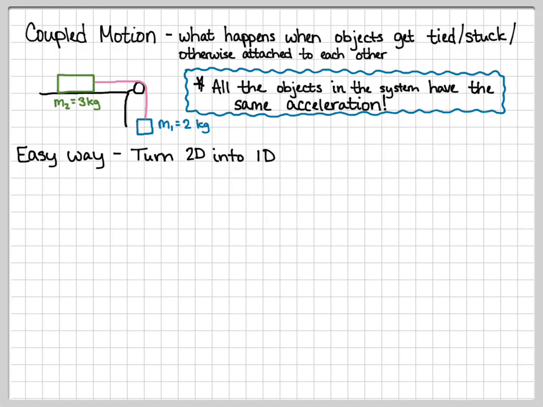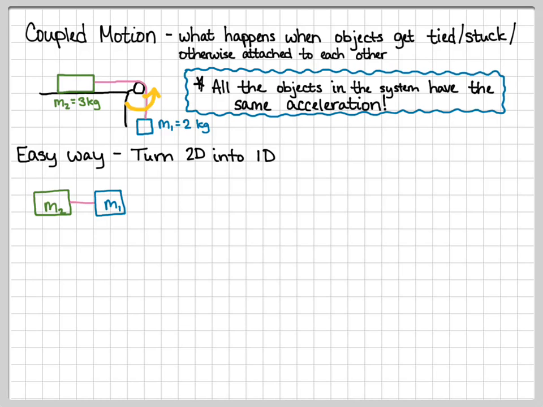It's a little complicated. That pulley really just messes things up. So let's get rid of the pulley by moving mass 1 over and making it in 1 dimension. So redrawing our diagram, we have m2 still connected to m1. So this gets rid of that right angle turn.